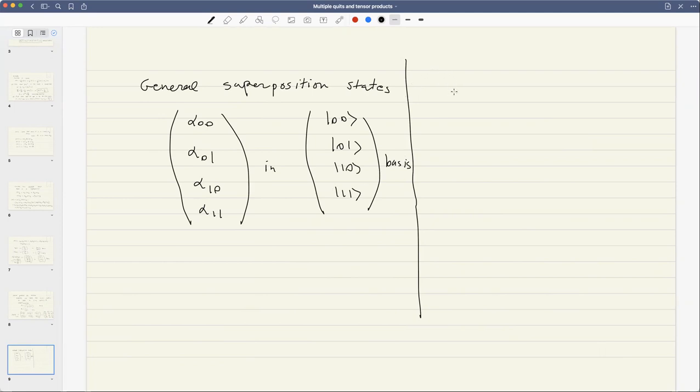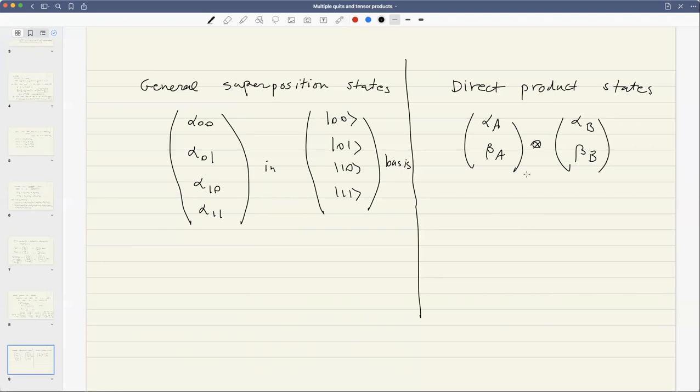And we talked about direct product states. So these were states where qubit A was in a well-defined superposition, and qubit B was also in a well-defined superposition. So we wrote something like alpha A, beta A tensor with alpha B, beta B.